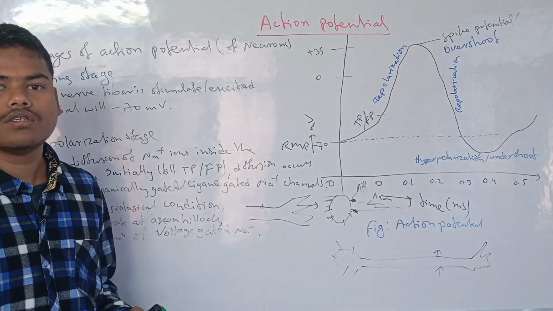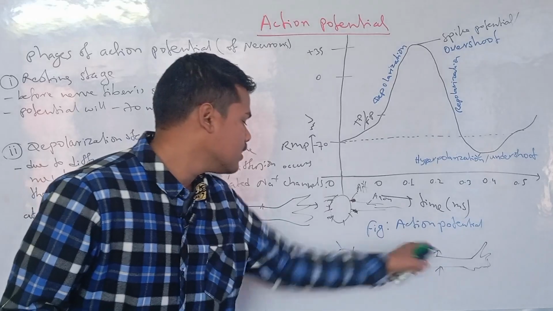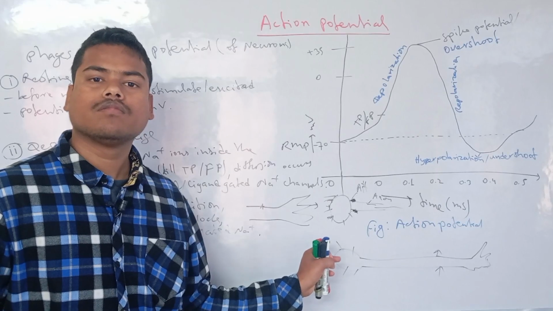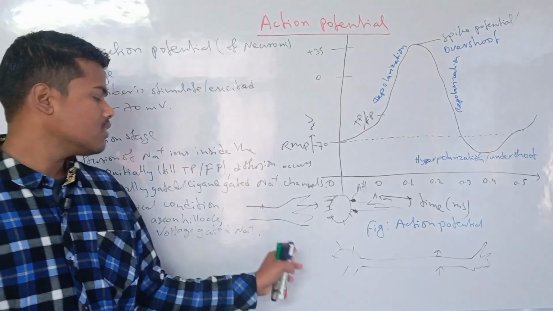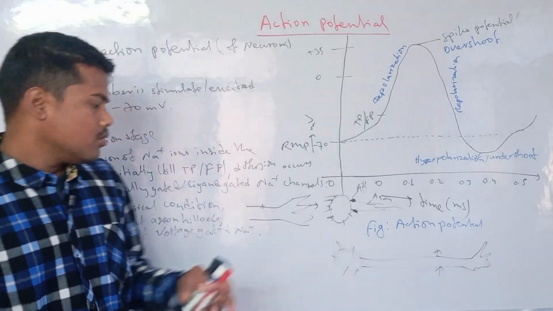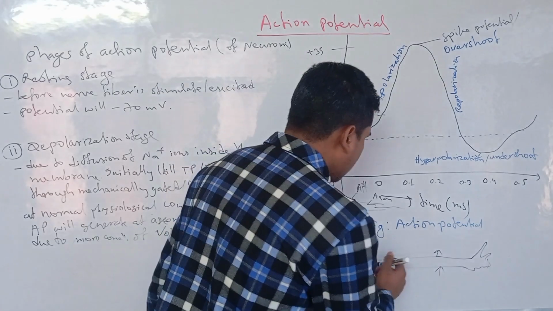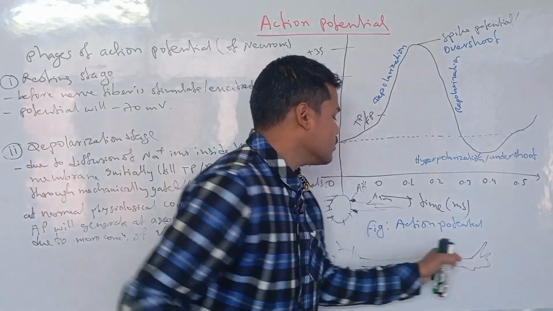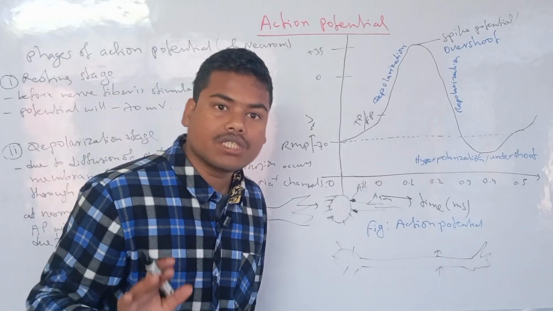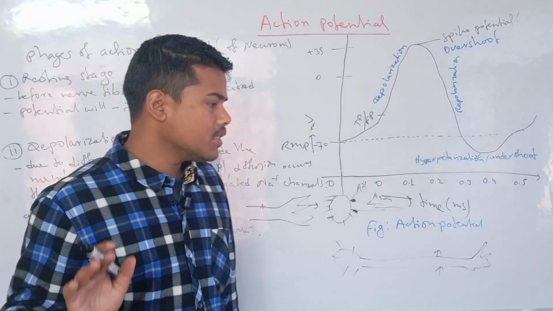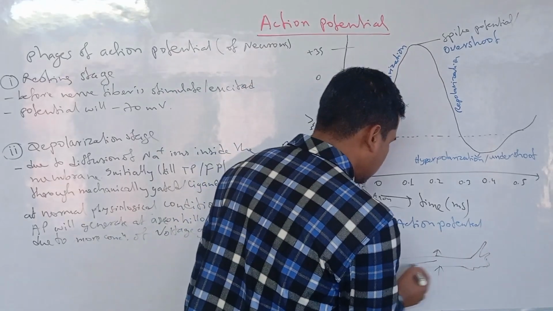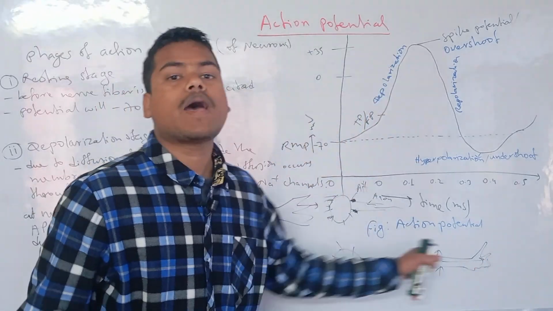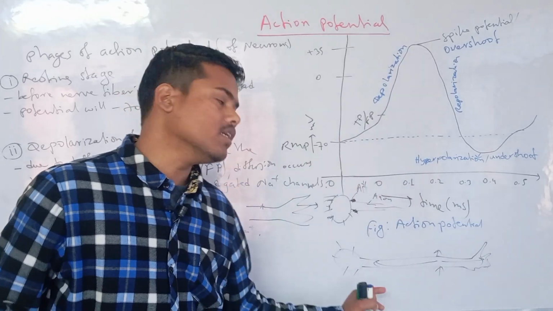What do you think? Will the action potential again generate at the axon hillock? No, the answer is no. If the stimulus is away from the axon hillock, the action potential will generate at the site of the stimulus and travel bidirectionally.